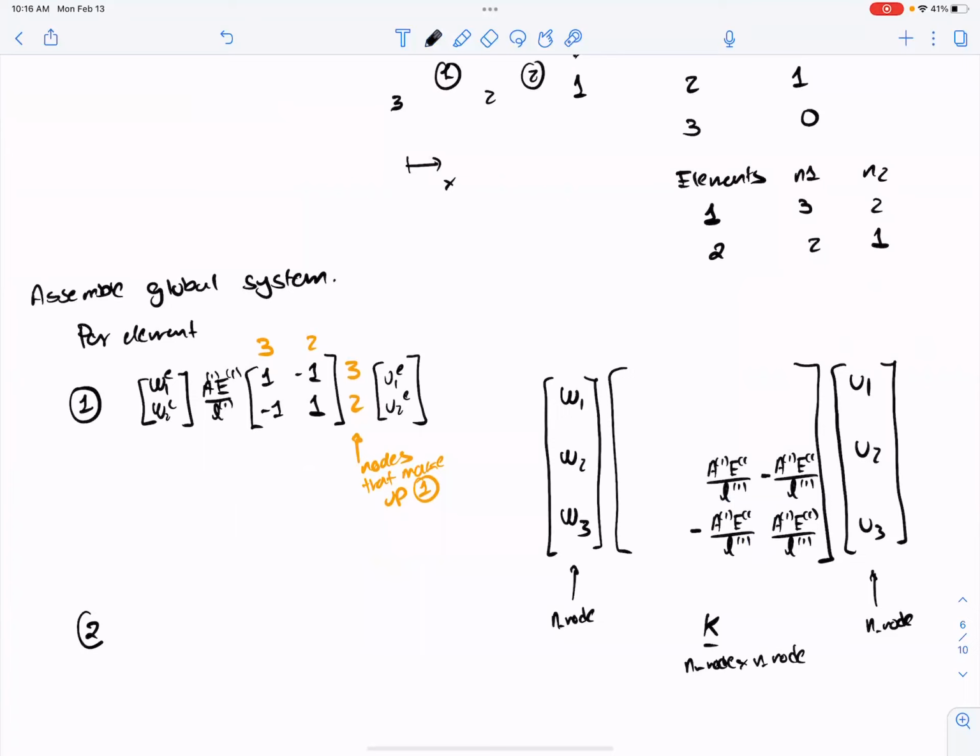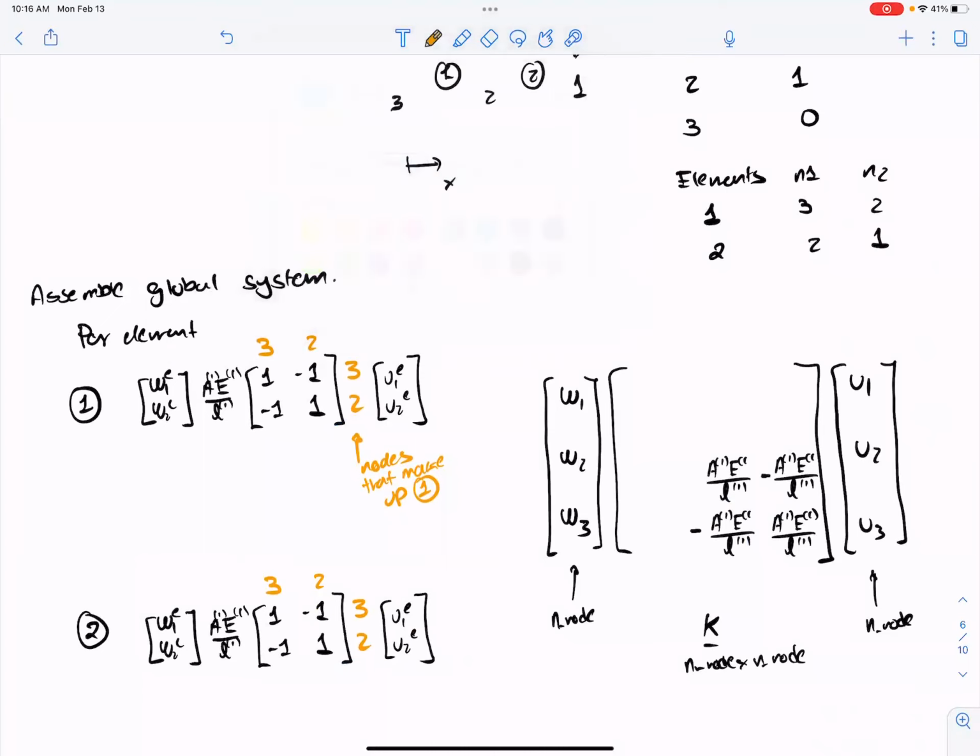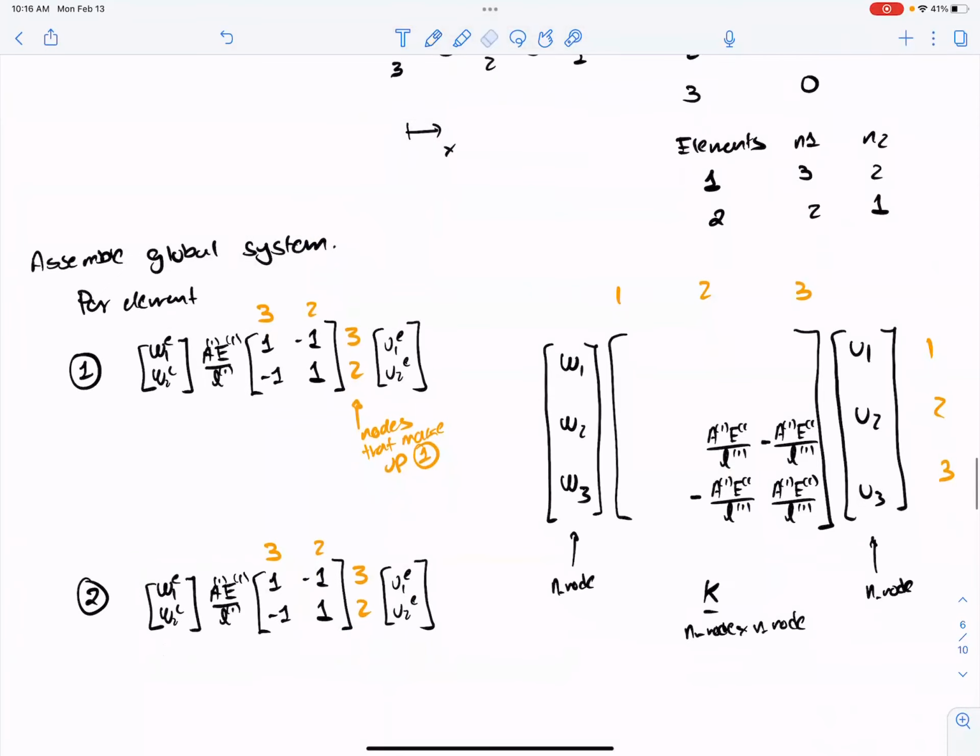And for the second element, I'm just going to copy paste this. Well, and maybe I should add, this is 1, 2, 3, 1, 2, 3. For the second element, this one is 2 and 1. So 2 and 1, 2 and 1. And this should be 2, 2, 2.